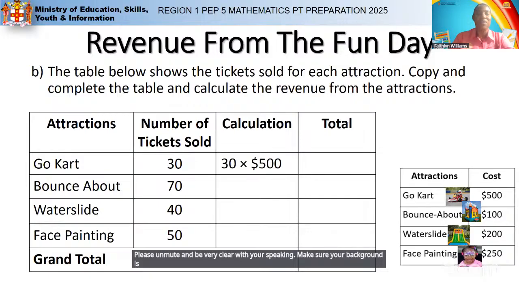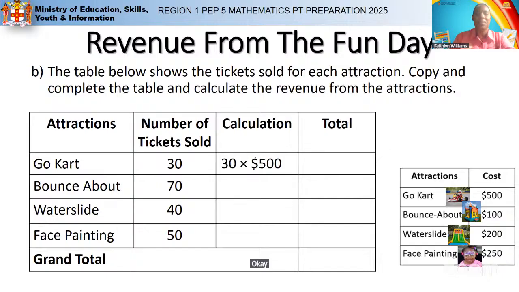Go ahead, St. Richard's. Okay, so for the go-kart, it would be $15,000. For the bounce about, it would be $7,000. Tell us how you got your 7,000 for the bounce about. 70 times 100.